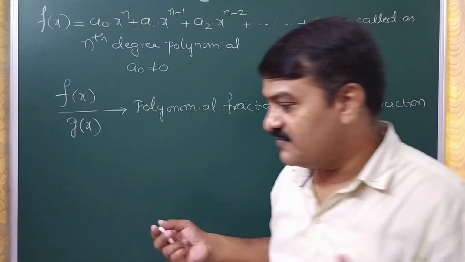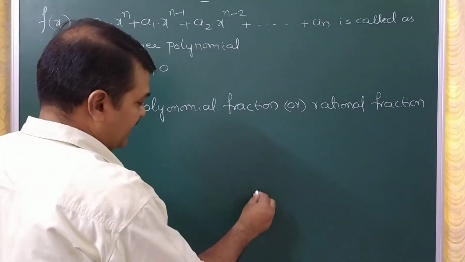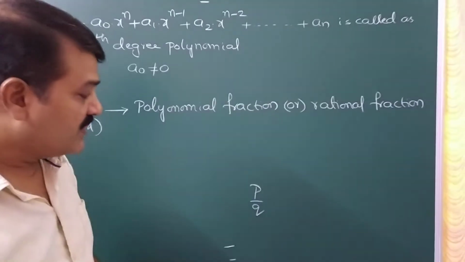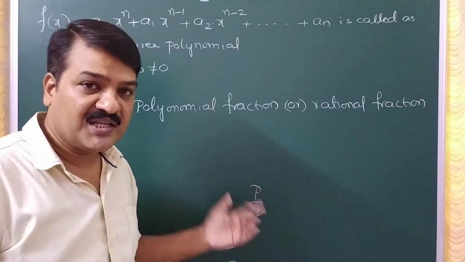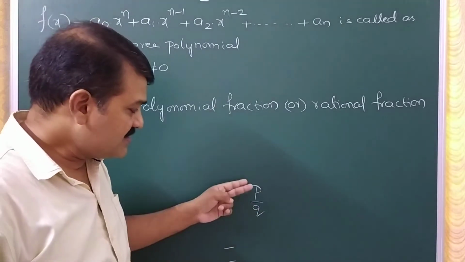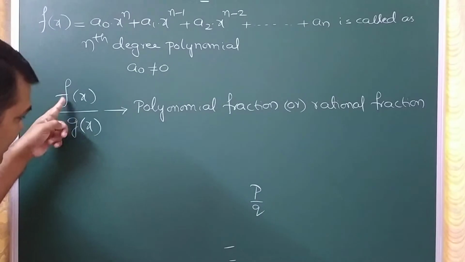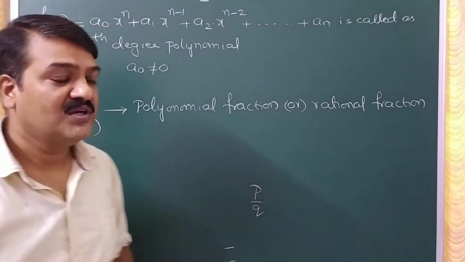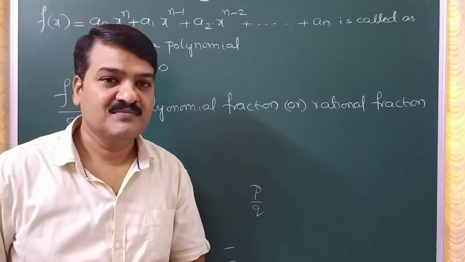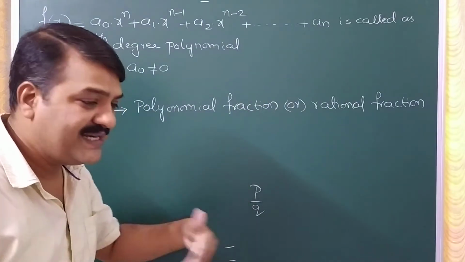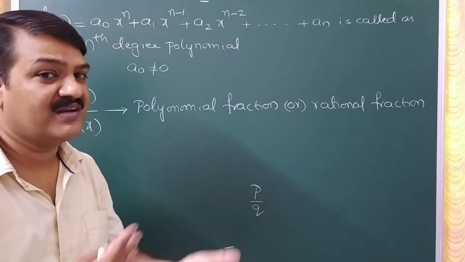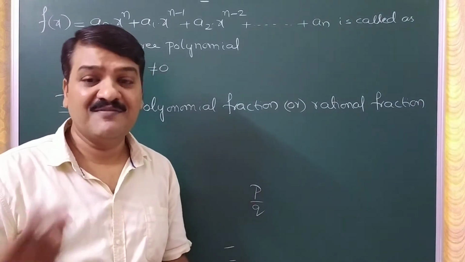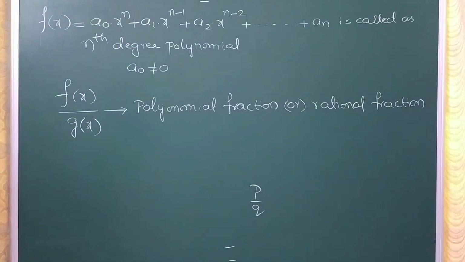Any number of the form p by q. If you are writing a number in the form of p by q, it is called a rational number, where p and q are integers, q is not equal to 0. Same model, instead of p and q, if you use polynomials, it is called a rational fraction or a polynomial fraction. If p and q are integers, it is simply called a fraction or a rational number. So if you are using polynomials, that becomes a polynomial fraction or a rational fraction.